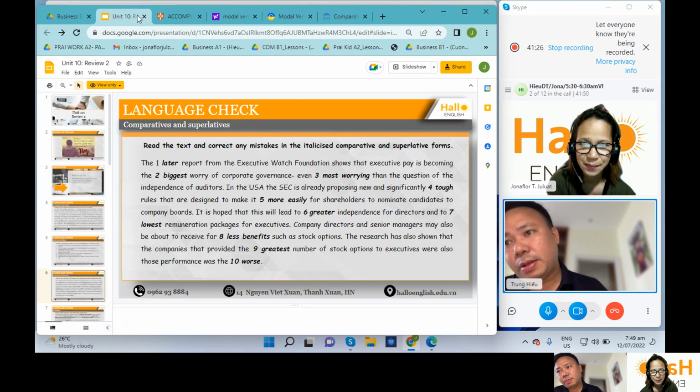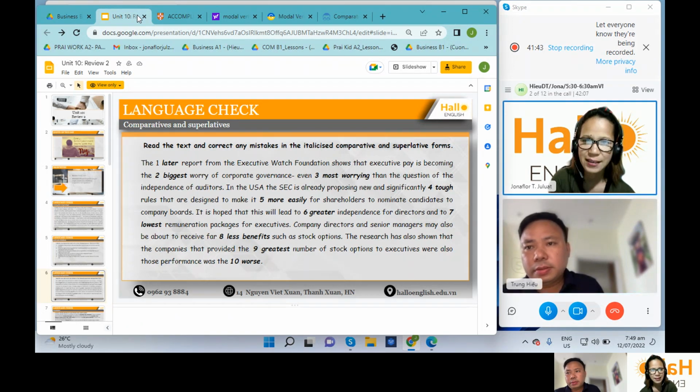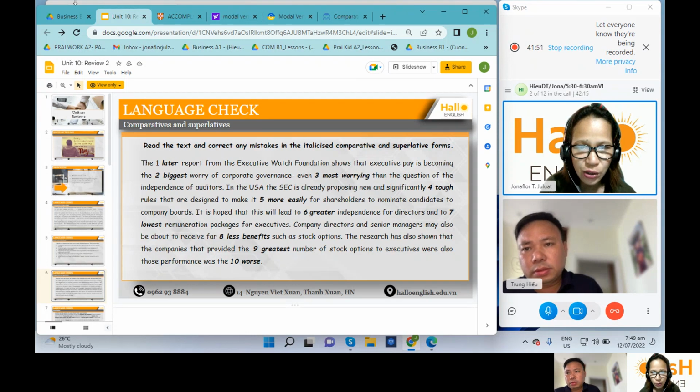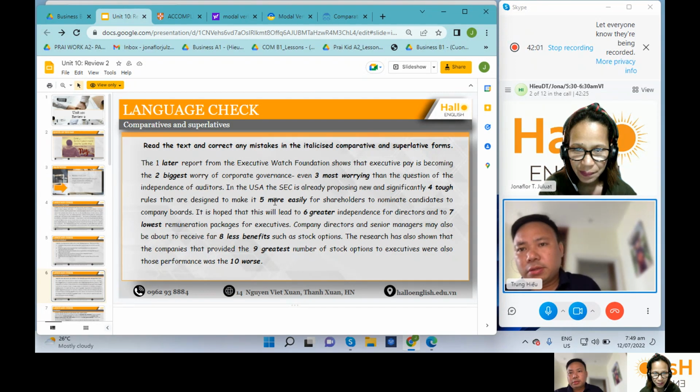Toughest, yeah, okay, that are designed to make it the most easily, yes, most easily for shareholders to nominate candidates to company boards. So since you are using superlative in the first phrase, we'll also use superlative in the last sentence, right? Okay, I think so.